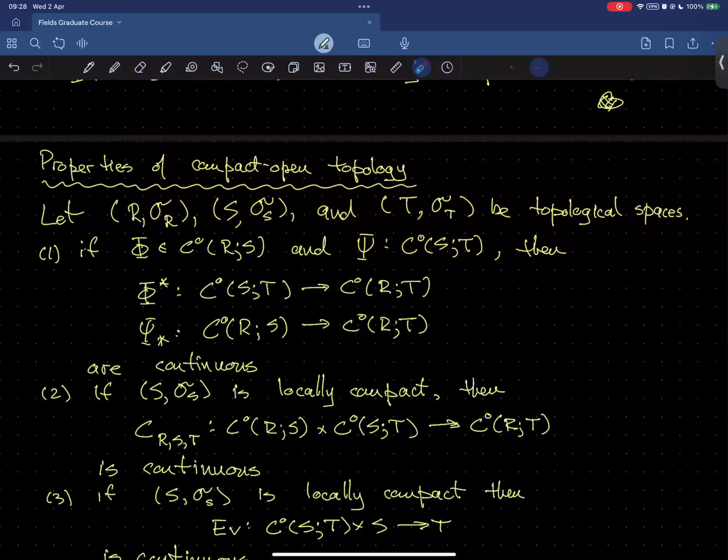So let's see which mappings are continuous. If you fix a phi, then the composition mapping with phi, which as we saw above is a mapping like so, is continuous. Similarly, if you fix a psi, the composition mapping with psi, which is a mapping between these two spaces, is continuous.